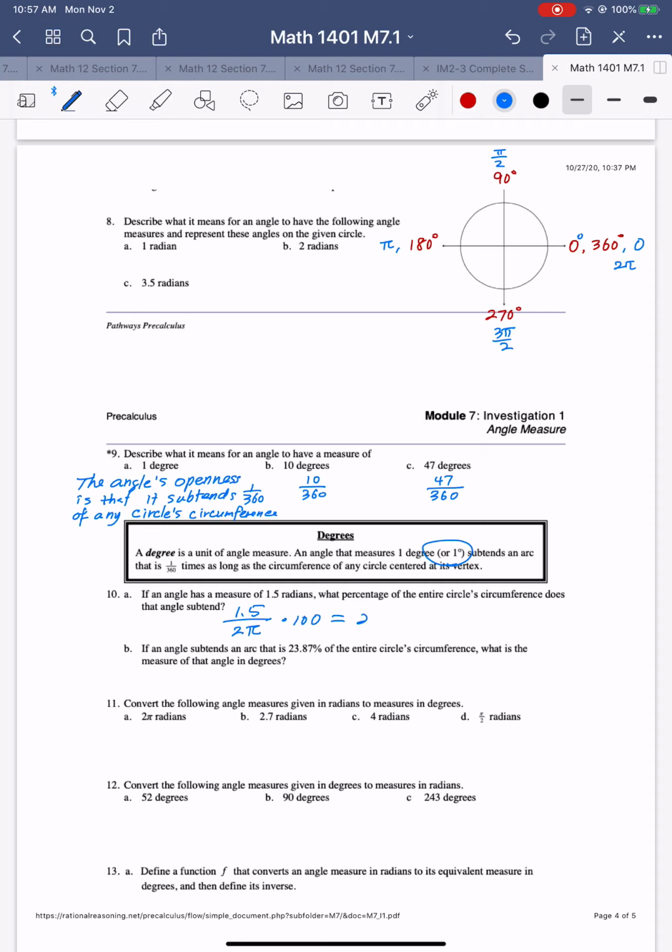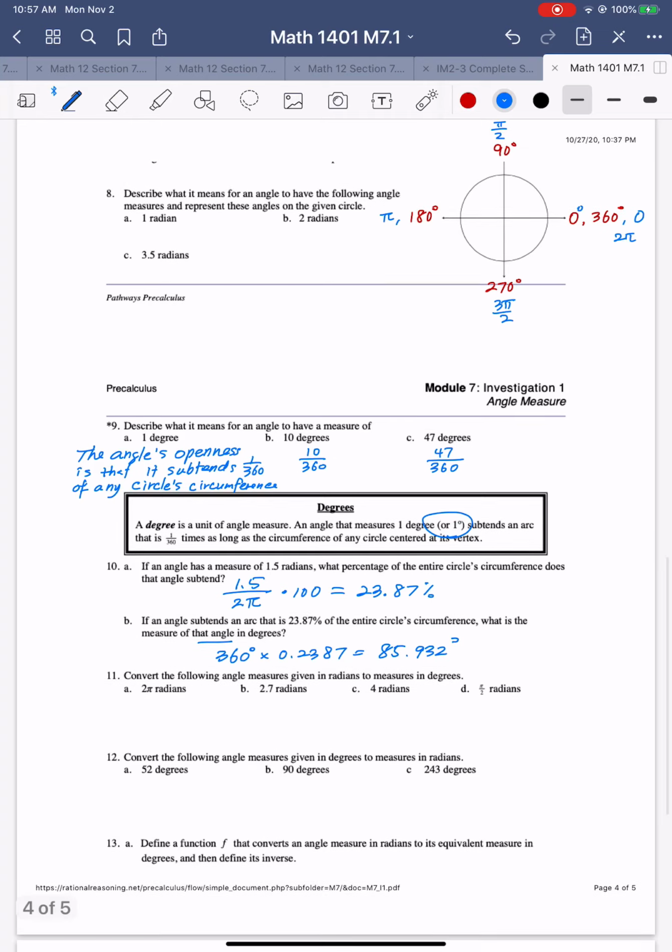You get 23.87%. Part B says that if the angle subtends an arc that is 23.87% of the entire circle circumference, what is the measure of the angle in degrees? The total is 360 degrees multiplied by 0.2387, which gives 85.932 degrees.